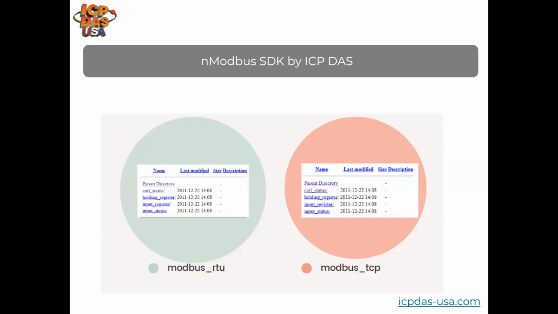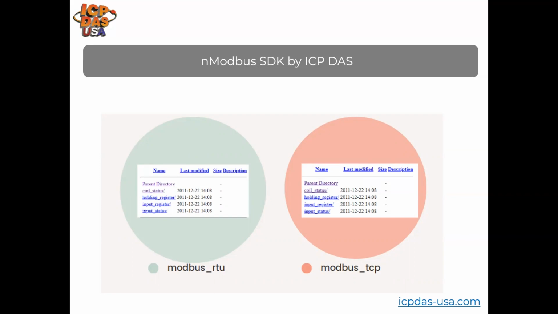ICP DAS provides NModbus SDK with Modbus RTU and Modbus TCP demo programs, which include functions for getting the coil status, holding register information, and also getting different status. It includes demo programs for Modbus Master and also Modbus TCP Slave.